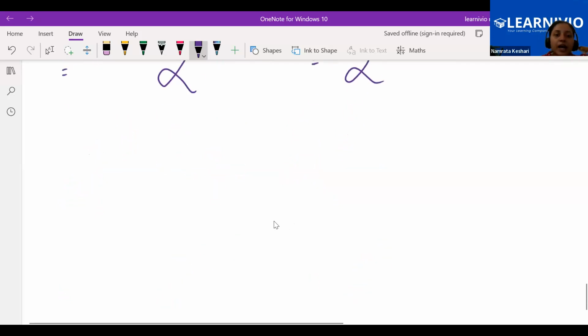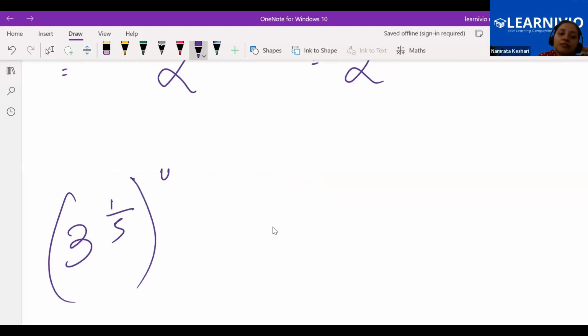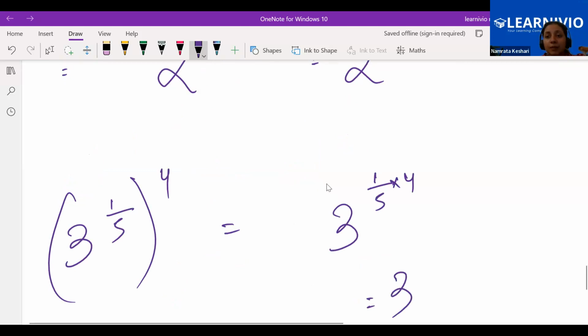Perfect. If we are having 3 to the power 1 by 5, and one more power is there, what to do over here? Multiply the powers. It will be 1 by 5 into 4.